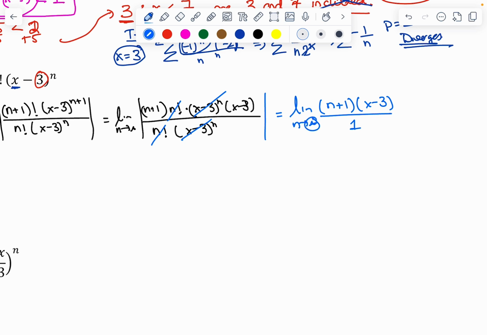So if I was to plug in infinity here, you will end up with infinity times (x minus 3). And infinity times (x minus 3), remembering that x will always be just a number, is always going to be infinity.